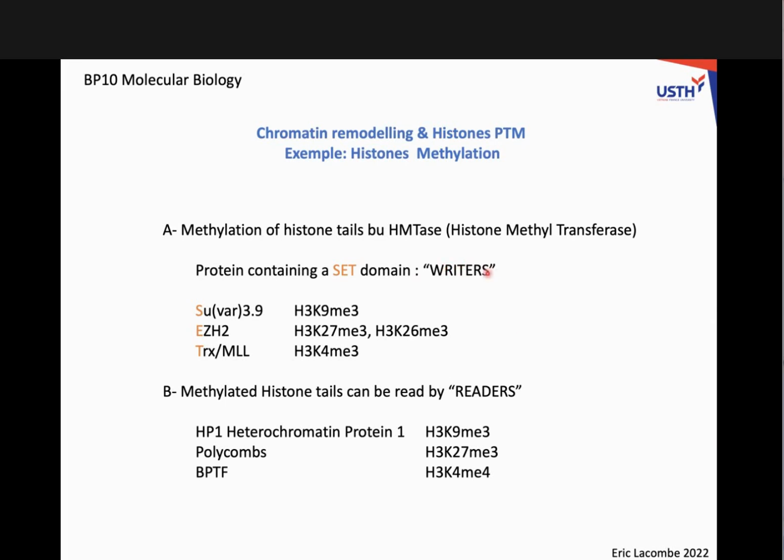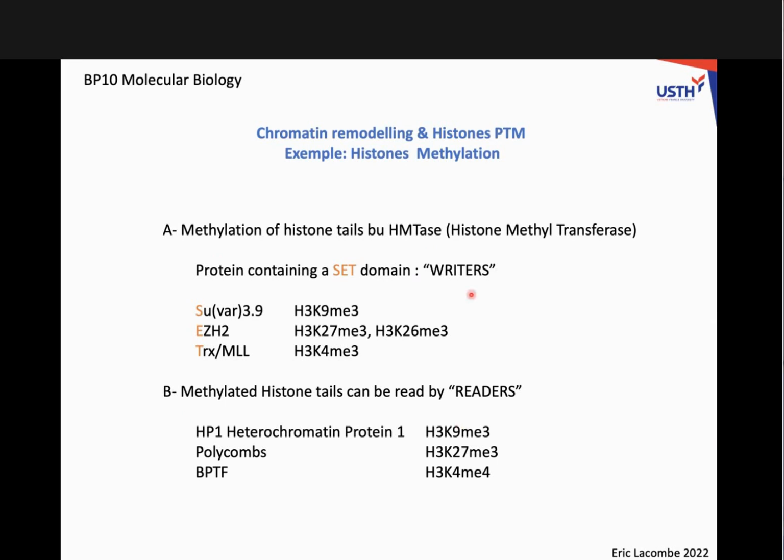So we have writers and readers. I'm not going to go into details on this. The writers are the enzymes or complexes that are going to methylate histones. The code, for example, here is the methylation of histone 3 on the lysine at position 9. Here is the methylation of H3 on the lysine at position 27, and so on.